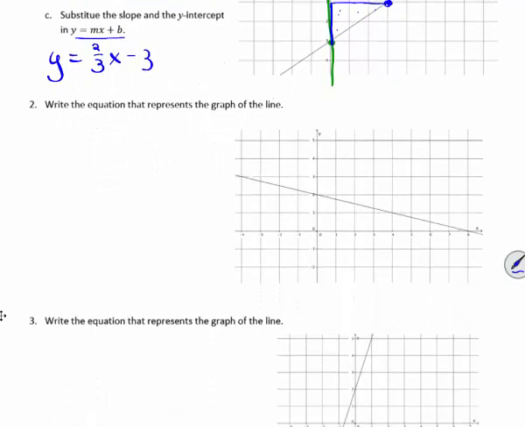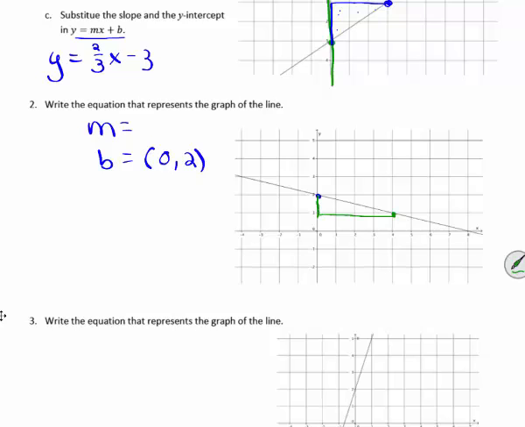So here, I have to figure out m, and I have to figure out b. Here is my y-intercept, (0, 2), that's b. To get from one point to the other, I'm going to pick that point in blue, and then this one over here in green. So this time I'm going down and to the right.